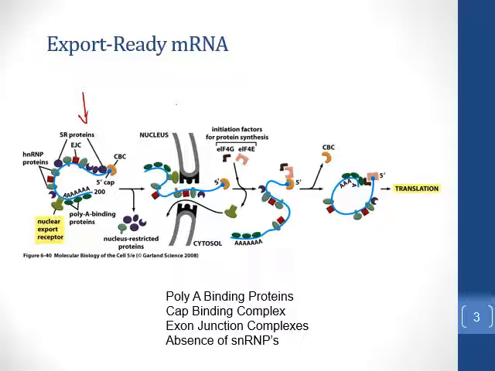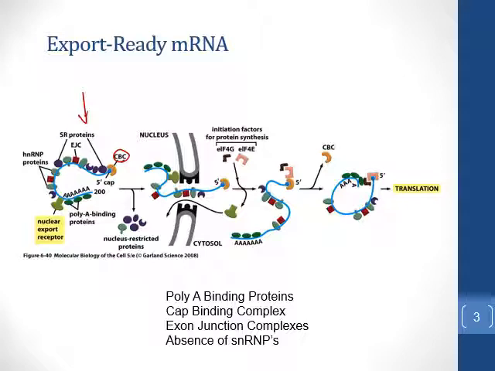What's going to be the indicator that it is actually ready to be exported? Well, there are several things. One is that we've got the 5' cap that we talked about, but there is also a protein called the cap binding complex. The cap binding complex is going to bind to that 5' cap.